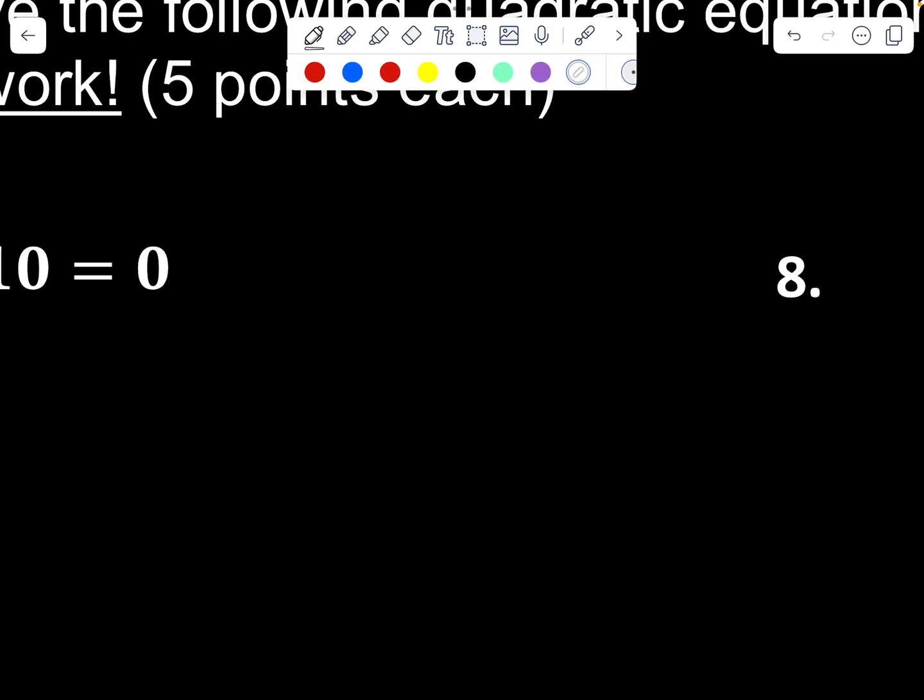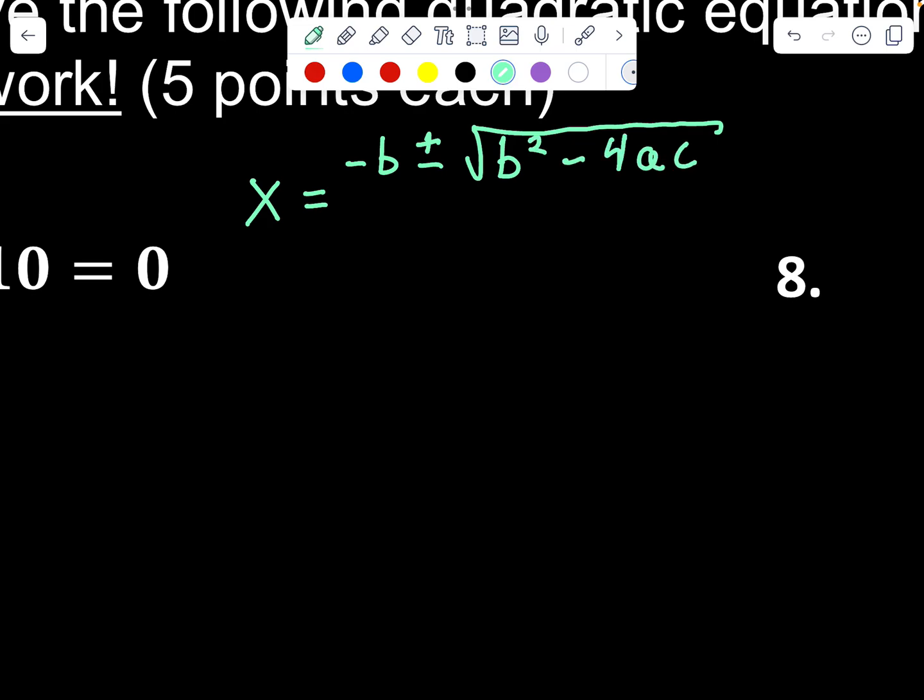Quadratic formula is x equals negative b plus or minus the square root of b squared minus 4ac, and then we take all of that over 2a. All right, so that's our quadratic formula.